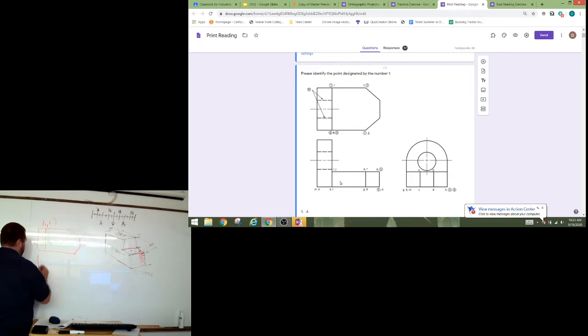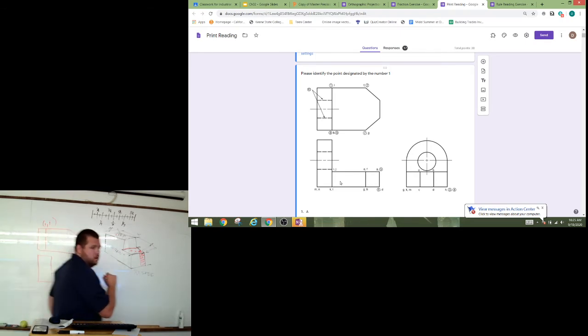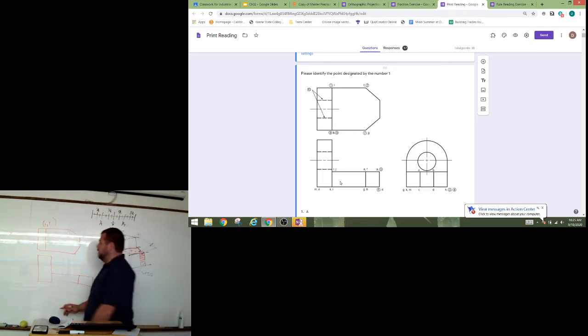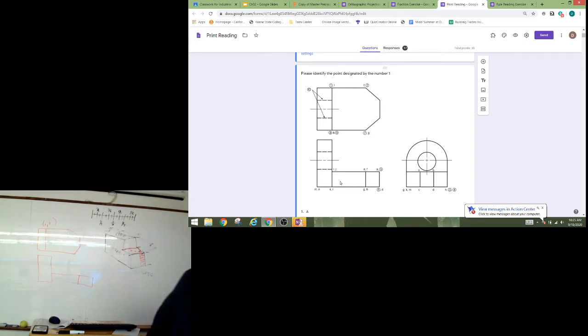Then our other view, which I had up there, this is, wait, hold on. I lied.